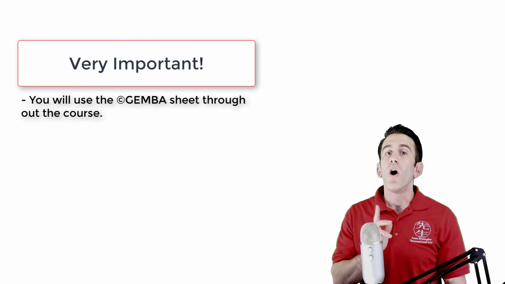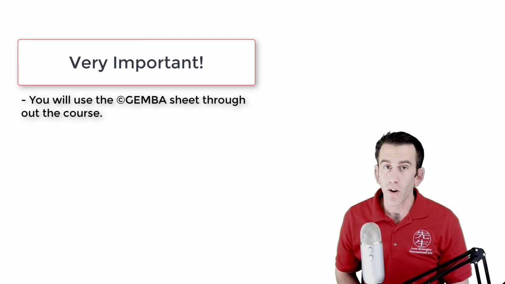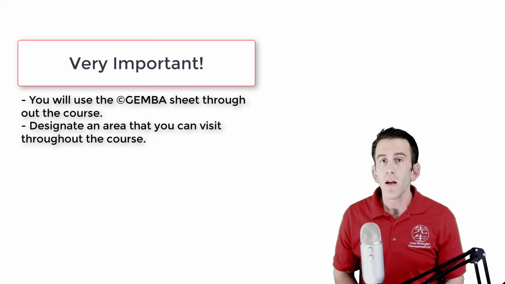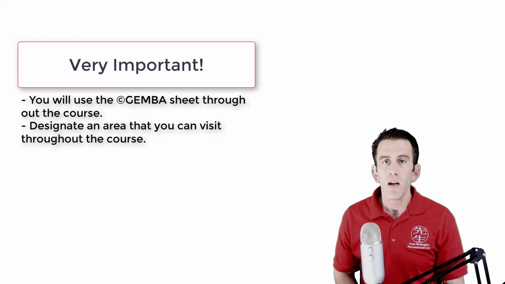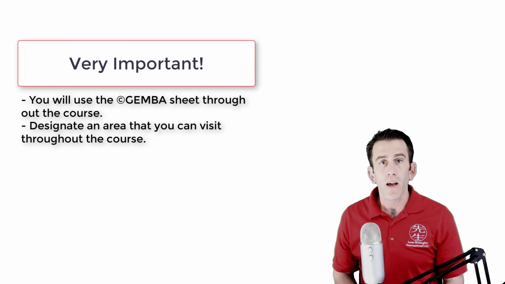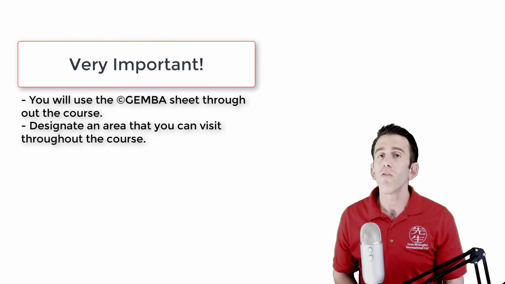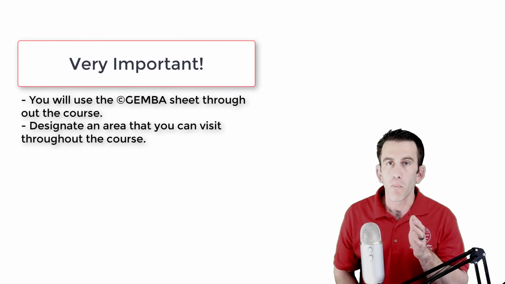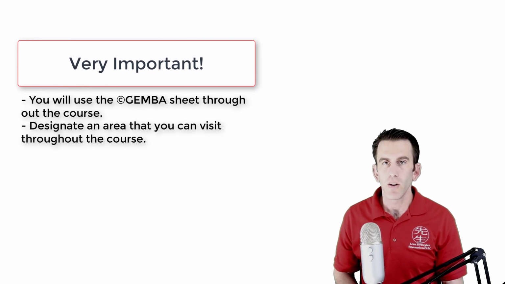Oh, and one last thing. This is very important. Be sure you select a Gemba. You will need it throughout the course to complete the activities. If you can't go to the Gemba at your work, you can select a Gemba at home or visit a place of interest. Just be sure you have somewhere you can complete the activities.